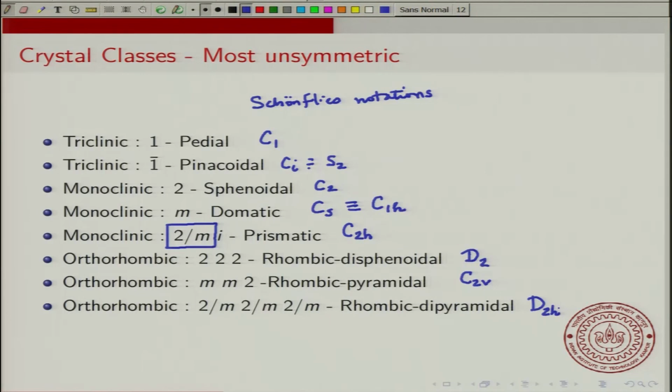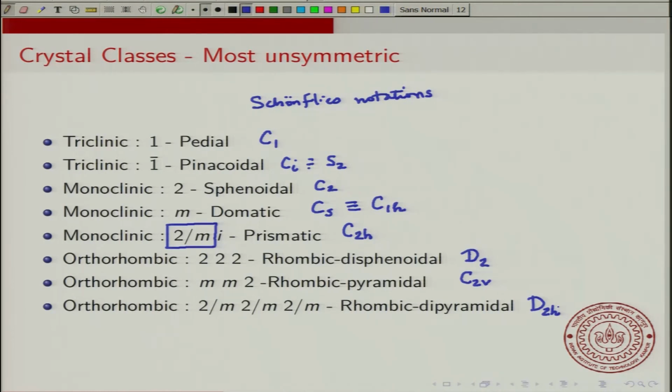Again, you see the existence of the mirror; the symbol 2, C2 or D2, implies a two-fold axis of rotation, and then there are various symbols to indicate the directions of the mirror planes.